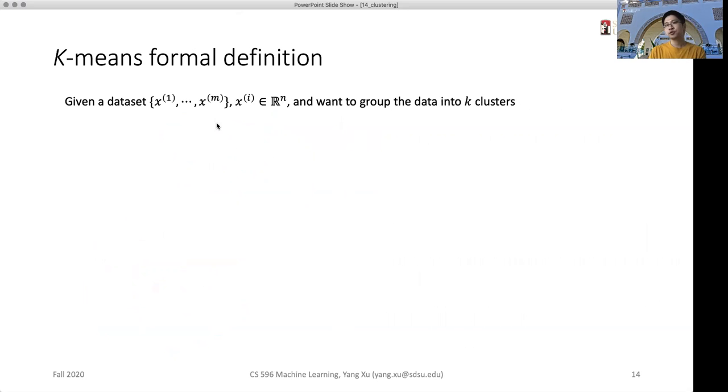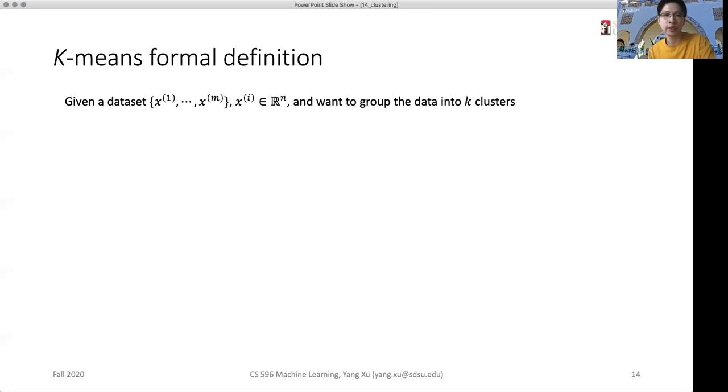Because we're used to using lowercase x to indicate the data points, we use the superscript within the round brackets to indicate the index of a data point, right? So for example, we have n data points, and they all have n dimensions, and we want to group the data points into k clusters, right?